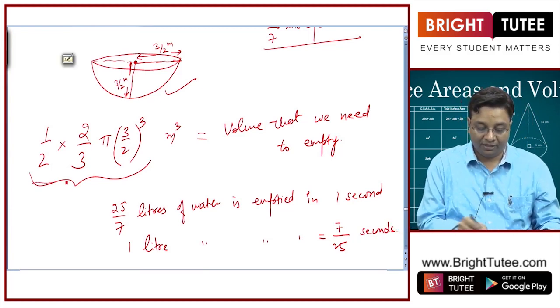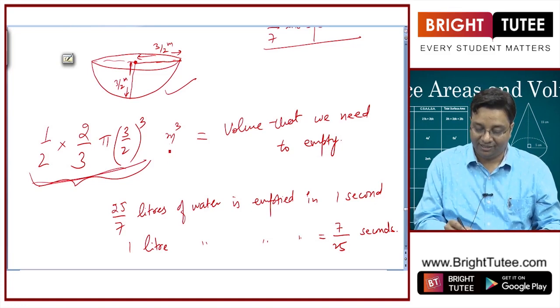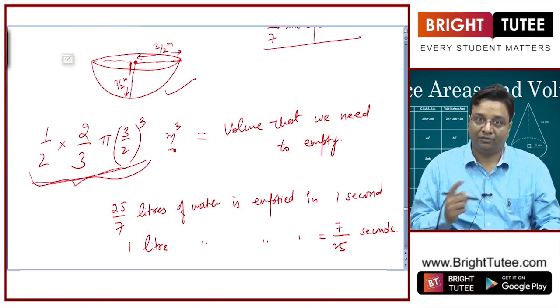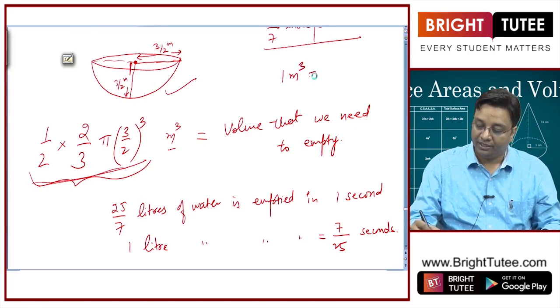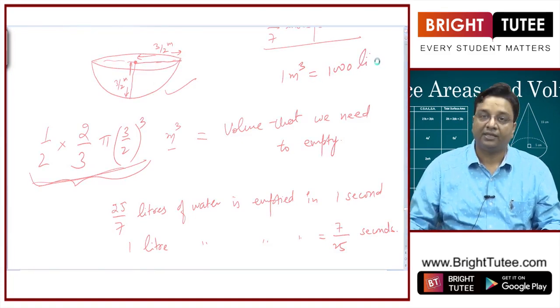But I need to empty this much water, and this is in meter cubes. So I need to convert it into liters first, and I know that 1 meter cubed is equal to 1000 liters, right?